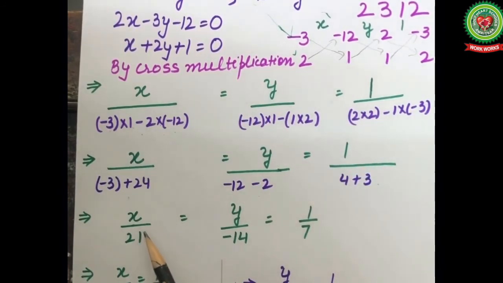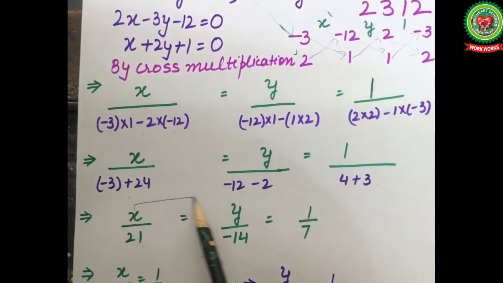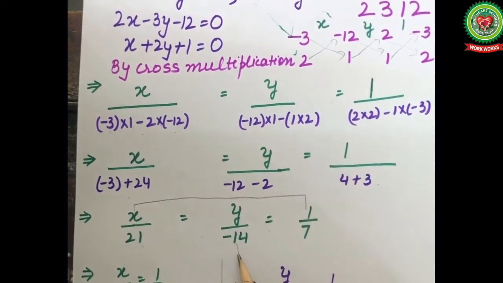On solving, we get x upon 21 equal to y upon minus 14 equal to 1 upon 7. Now we are going to compare first and third and second and third.